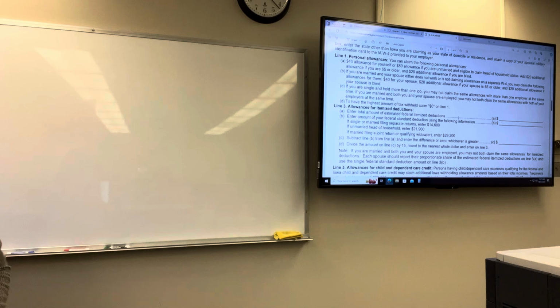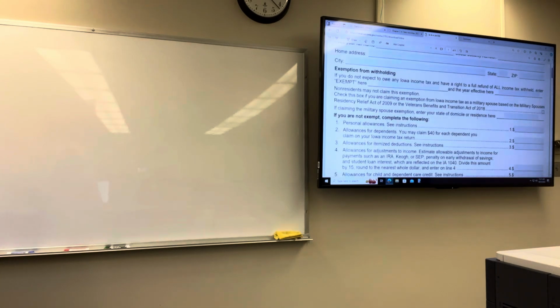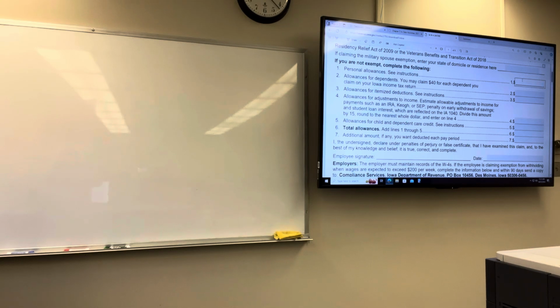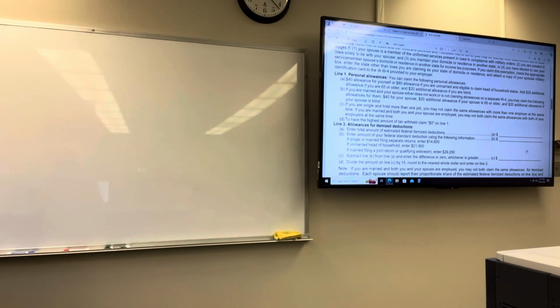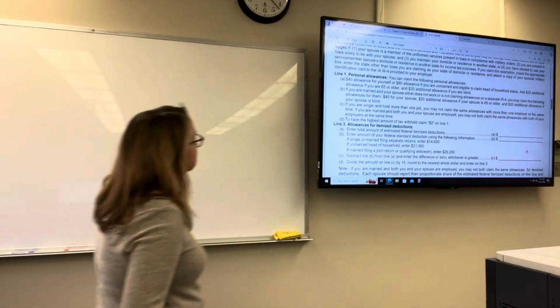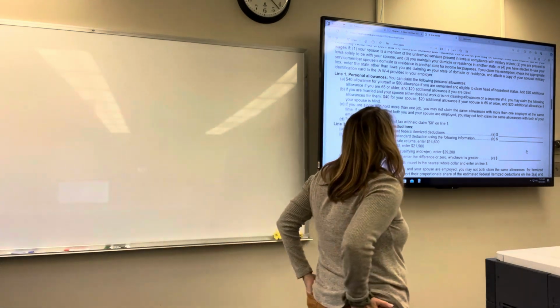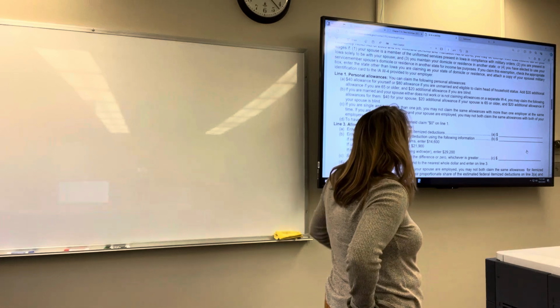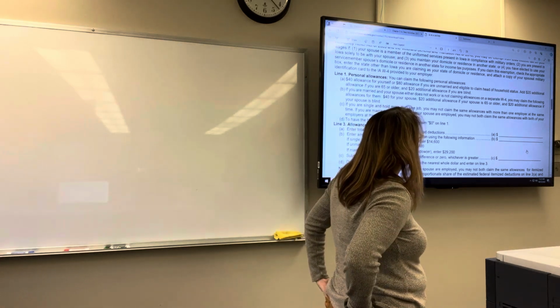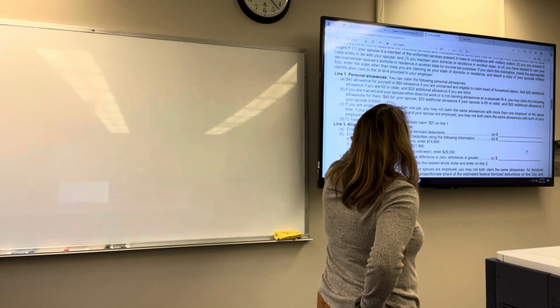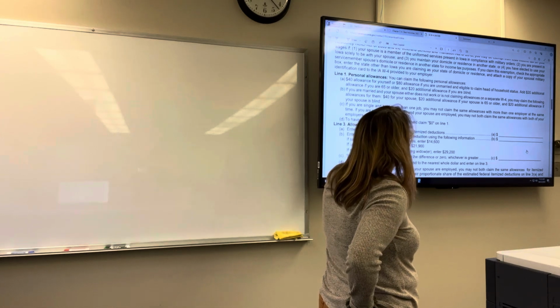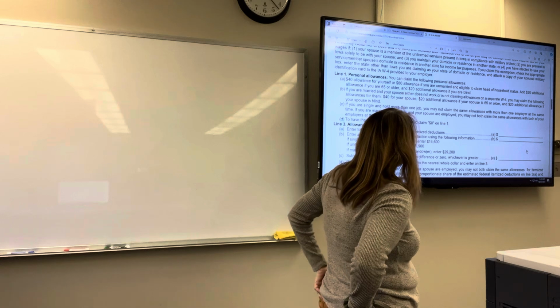Then the calculations of allowances get transferred over to the first line on the first page. So what makes a personal allowance in Iowa? You can claim the following personal allowances: $40 for yourself, $80 if you're unmarried and eligible to claim head of household, a $20 allowance if you're 65 or older, and a $20 allowance if you are blind.